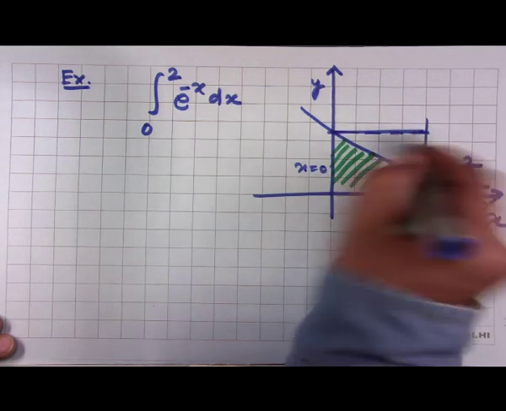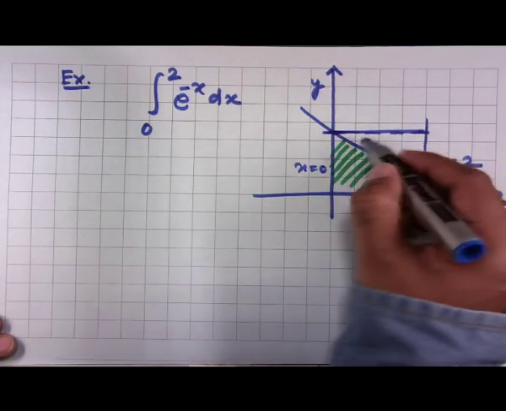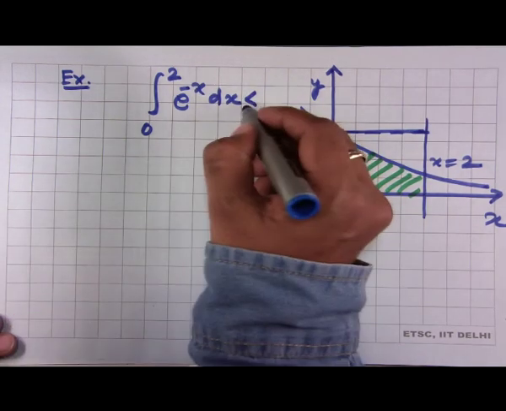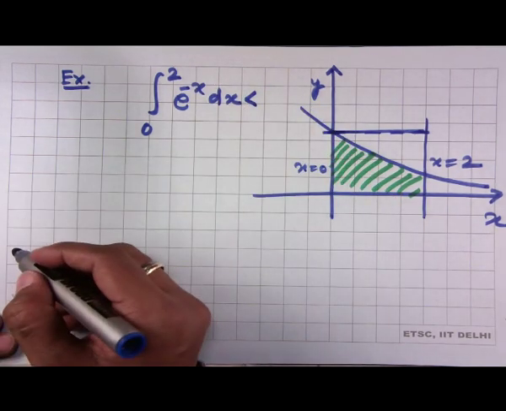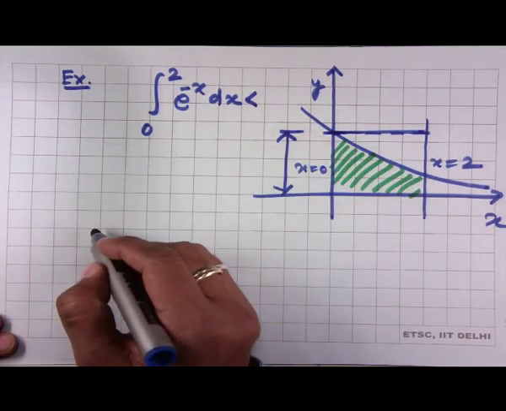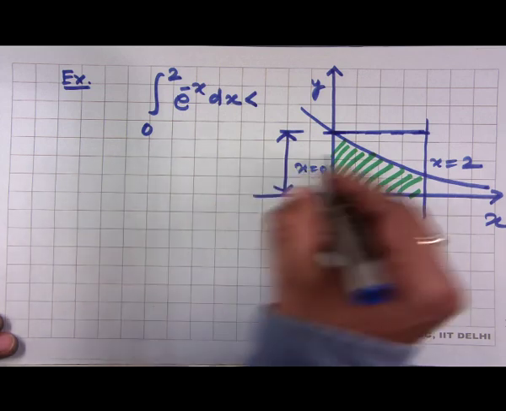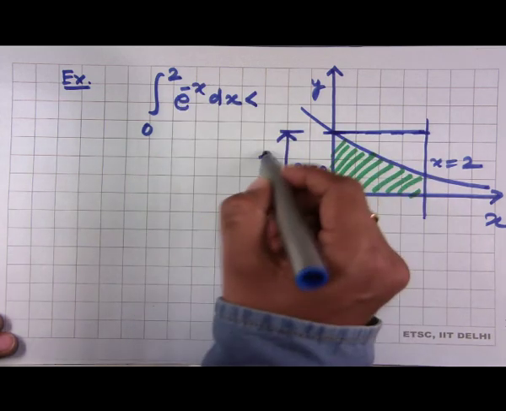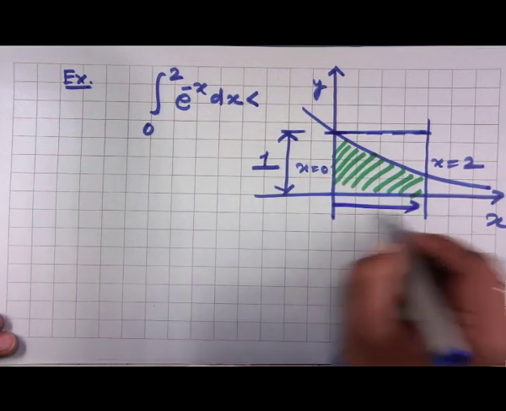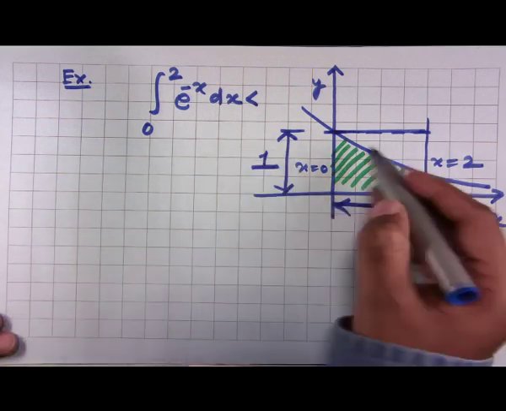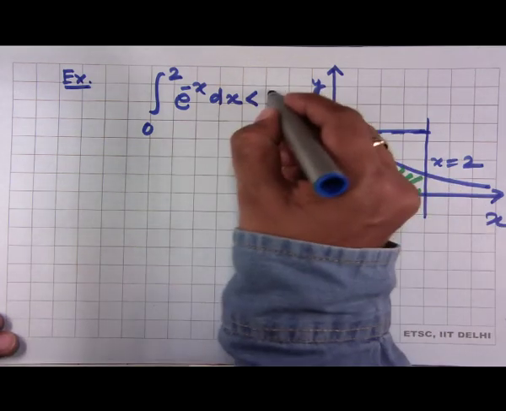Because the function takes its maximum value at 0, the area will always be less than this. What is the height of this? This height is governed by the function value at 0, of e to the power minus x, so this height is 1 and this width is 2. So the upper bound of this area will be 2.